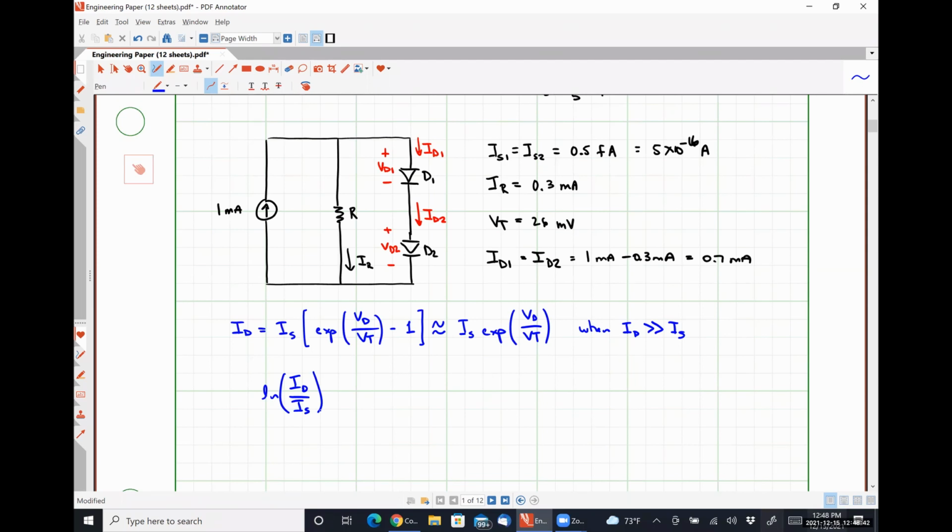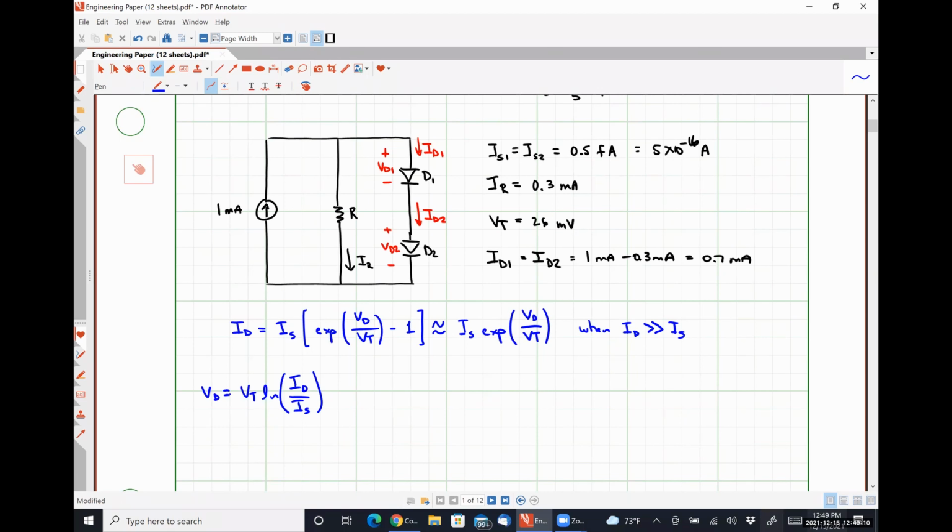And so I can just multiply both sides through by a factor of VT. And this lets me determine my diode voltage as a function of current under the condition that ID is much greater than IS. An alternative way to state that condition is that VD, our diode voltage, is assumed to be greater than our thermal voltage. So it works either way.